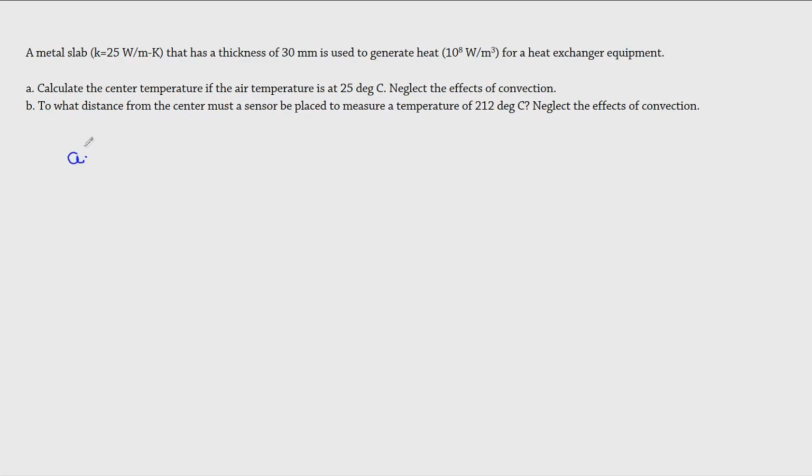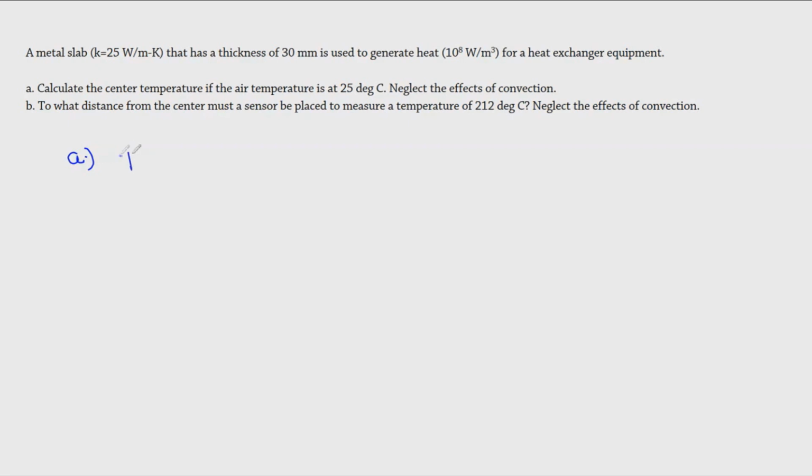So for A, we can now solve this by simply using the equation that we have derived before. I will not be deriving it again since we've already done that. If you have memorized the equation, that is the best thing. But if you've forgotten it, then you might want to derive it again. Anyway, let's just write the equation.